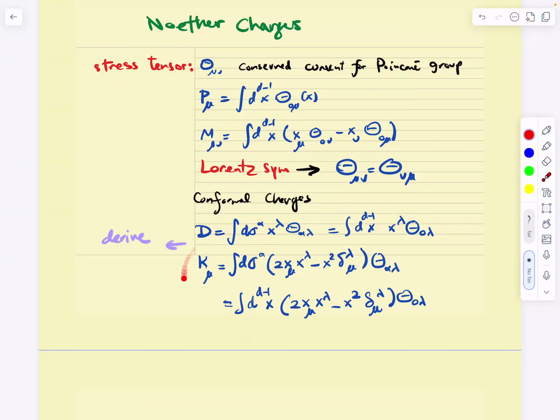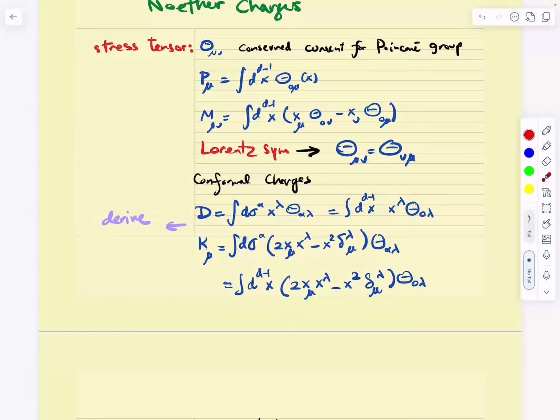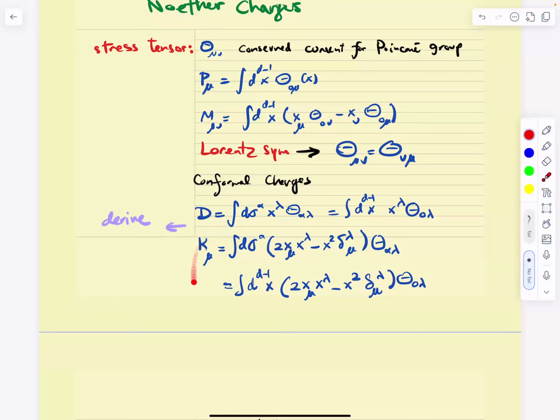Now, special conformal transformations. Similarly, we'll have a conserved current and conserved charge. Here's a conserved charge that you obtain, and these are called K mu. So it's a vector, a space-time vector worth of charges, right? So you had P mu, here's K mu, there's M mu nu, and then there's D. For those of you who are curious, it's pretty straightforward from here to see how you could package these.